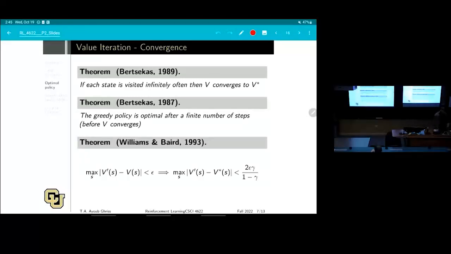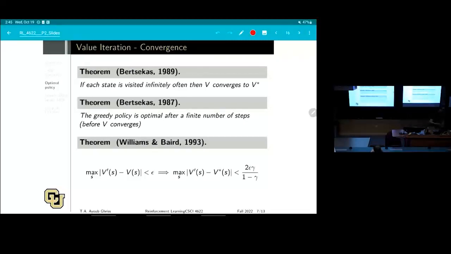The third one is, if I can bound the difference between my current value function and the next one, then I can also bound the difference between the new update and the optimal V. All right?